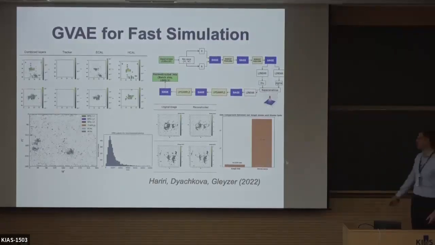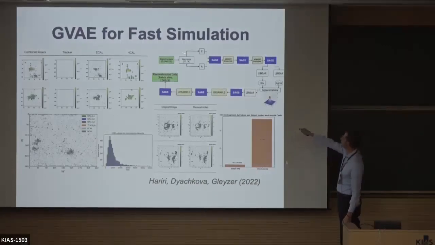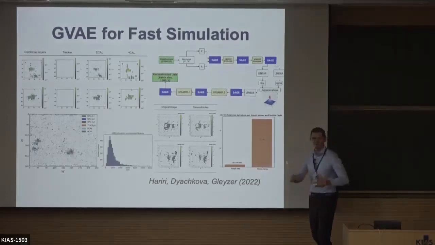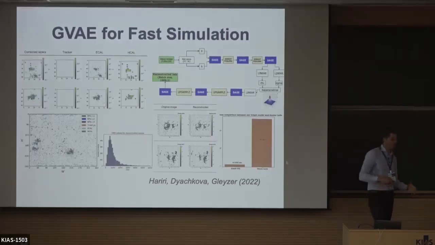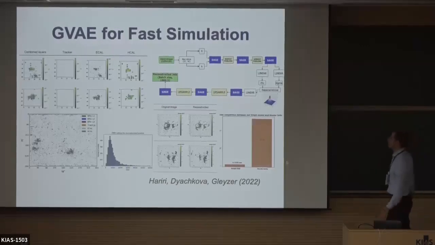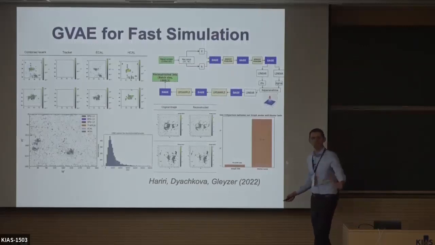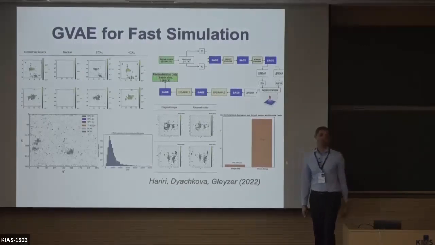So in the case of images, you drop all these empty pixels, you build graphs over it, and then it's a combination with a variational autoencoder. The idea is that you learn on the graph, there are some pooling operations and so on, and then you can actually use the sampling part of the VAE to give you the generative model part. And it works really, really well for this sort of end-to-end representation of particle physics events.